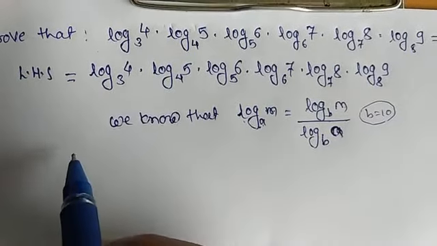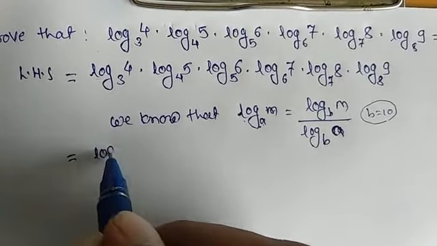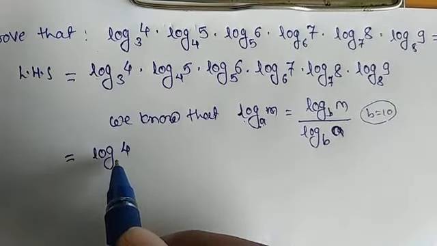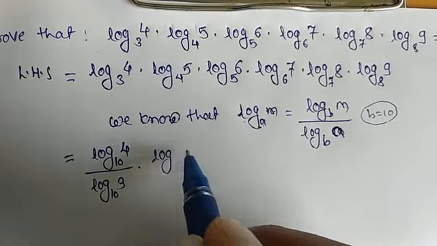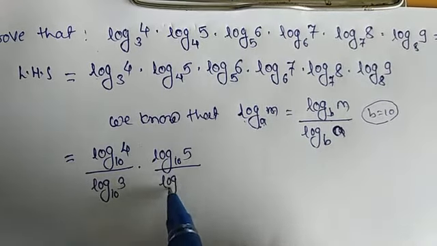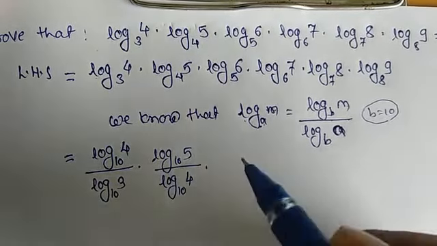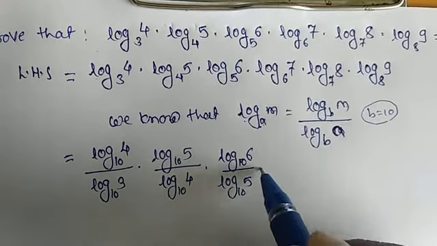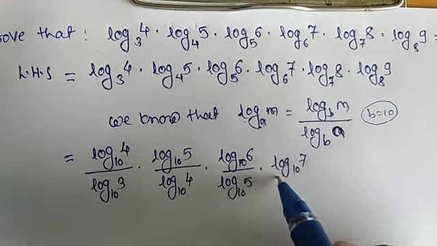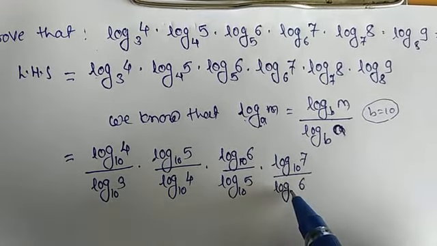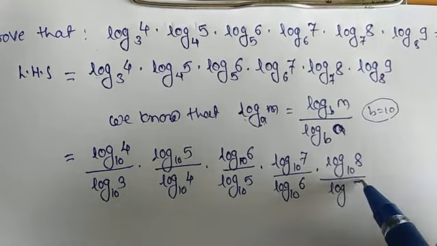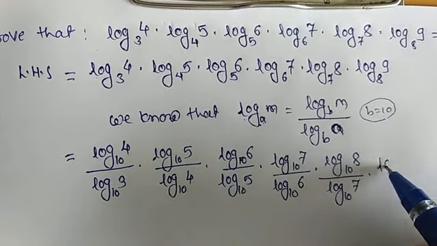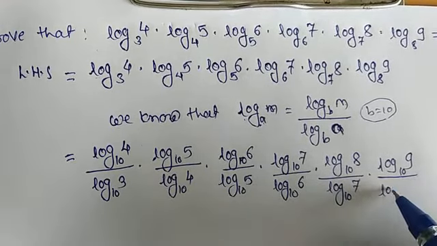So log of 4 to the base 3 can be written as log of 4 to the base 10 upon log of 3 to the base 10, multiplied by log of 5 to the base 10 upon log of 4 to the base 10, multiplied by log of 6 to the base 10 divided by log of 5 to the base 10, multiplied by log of 7 to the base 10 divided by log of 6 to the base 10, multiplied by log of 8 to the base 10 divided by log of 7 to the base 10, multiplied by log of 9 to the base 10 divided by log of 8 to the base 10.